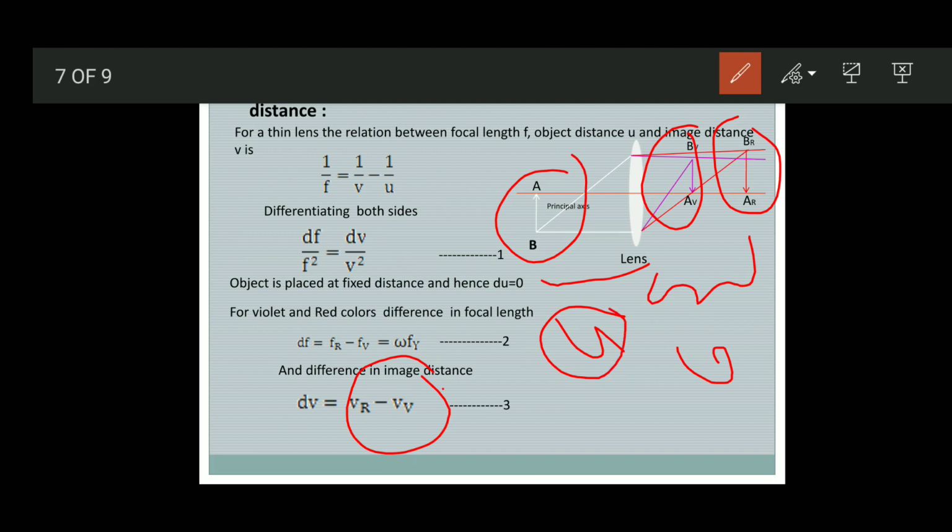So we know differentiation of a constant is 0. So we can write minus df by f square is equal to minus dv by v square. So that df by f square is equal to dv by v square.